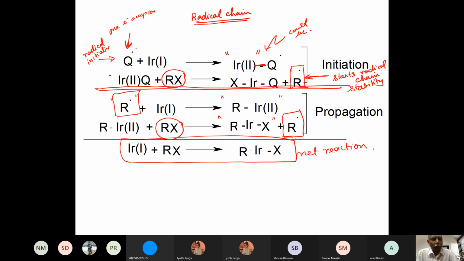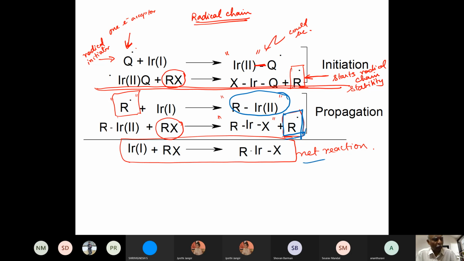And I told you that iridium 2 species were intermediates, and there was sufficient evidence to show that the radical R dot is the propagating species and so on.